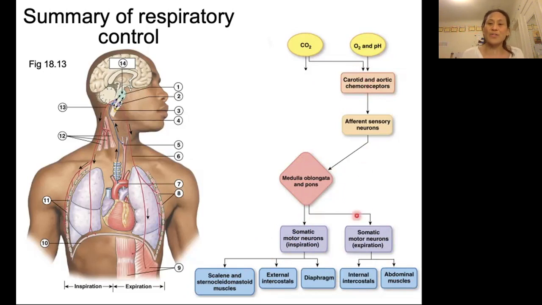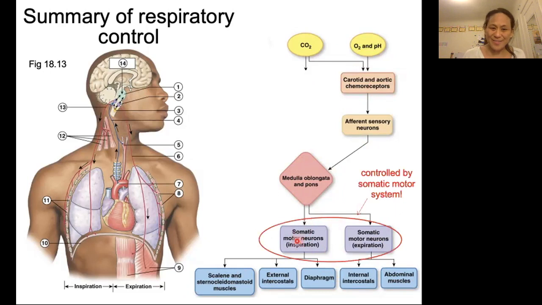Okay, I do want to point out this right here. I want to remind you that our respiratory muscles are voluntary skeletal muscles, which are striated, that are controlled by our somatic motor neurons. So voluntary.